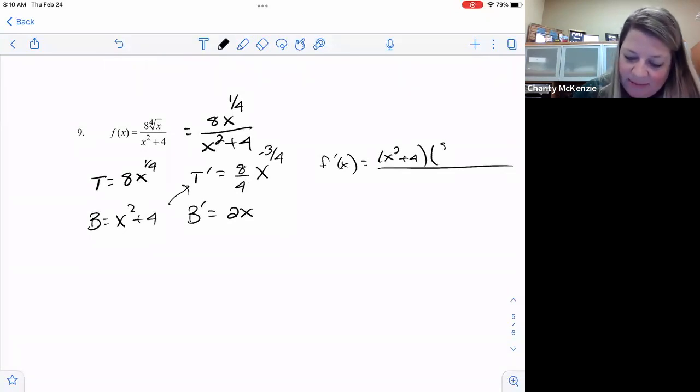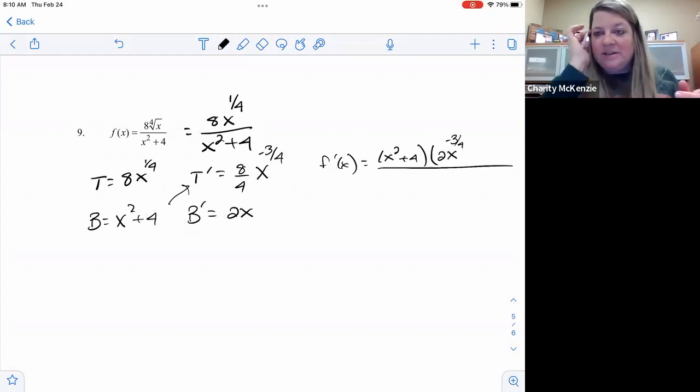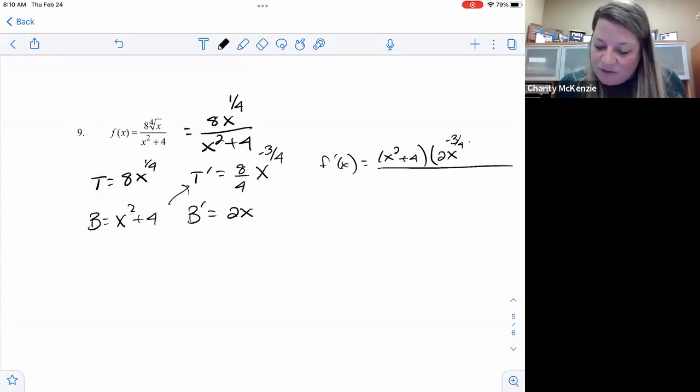I'm going to write that as 2x to the -3/4. Could you have written the -3/4 in the denominator and gotten rid of the negative? Sure. And then x to the 3/4, would it have become x to the third, fourth root? Yes. So there are other ways to write that term. Whatever way you choose is absolutely fine.